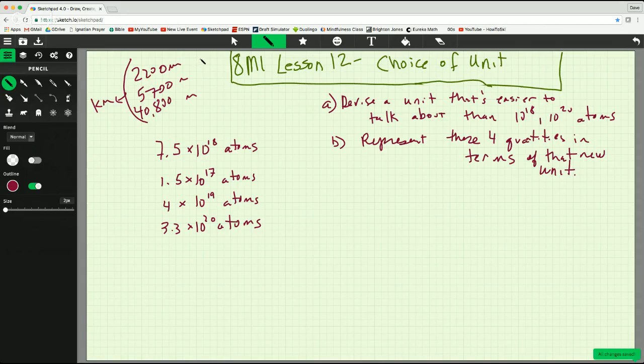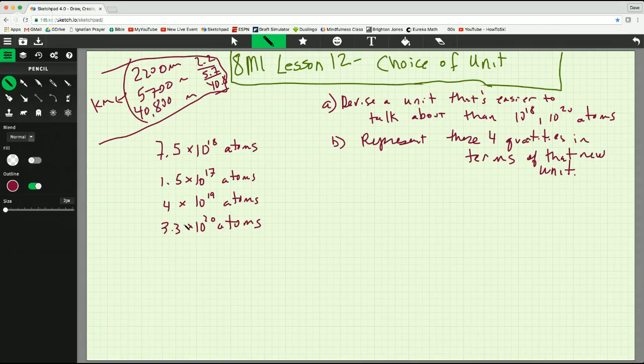So we could talk about 2.2 kilometers and 5.7 kilometers and 40.8 kilometers. These were easier numbers to talk about because you didn't have to use 40,800. And those made more sense. Now, it's hard to talk about 7.5 times 10 to the 18th atoms, or 1.5 times 10 to the 17th atoms, or 4 times 10 to the 19th atoms.